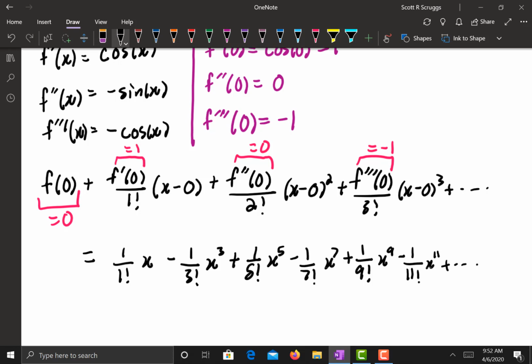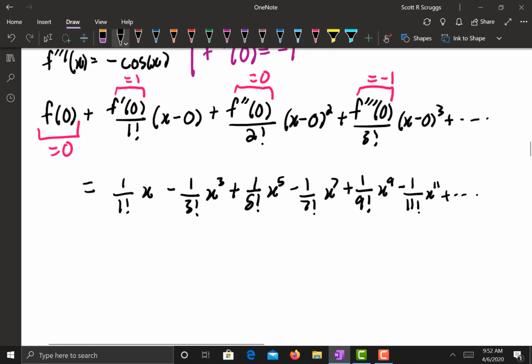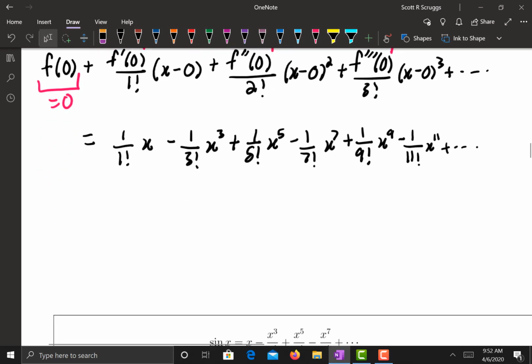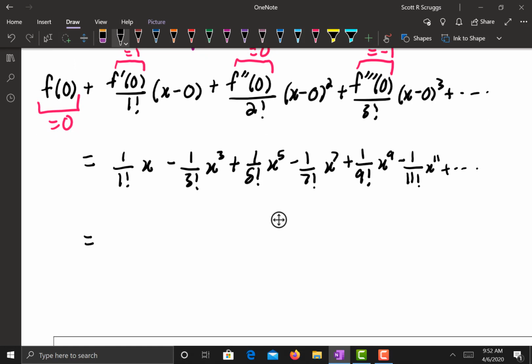Now, let's dissect what's going on. So this is my series that is forming, and I want to write this in a condensed sum formation. Let's figure out how we can do that.